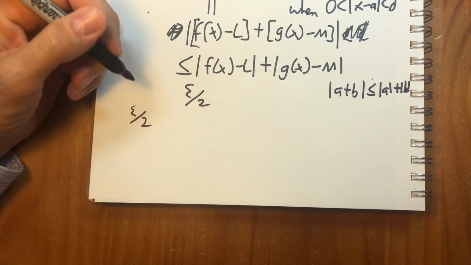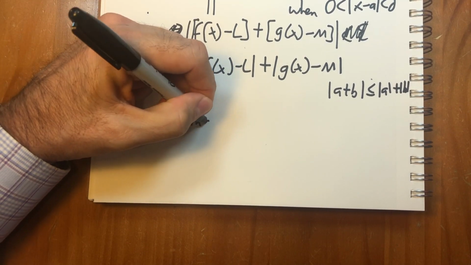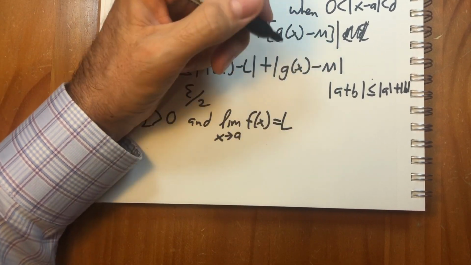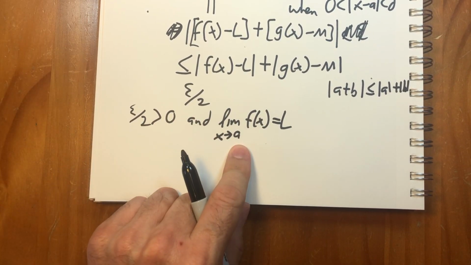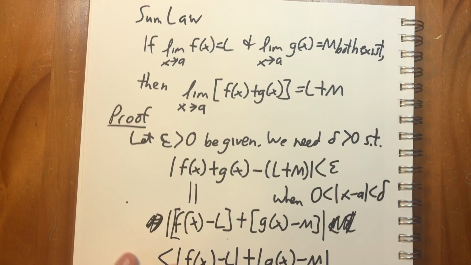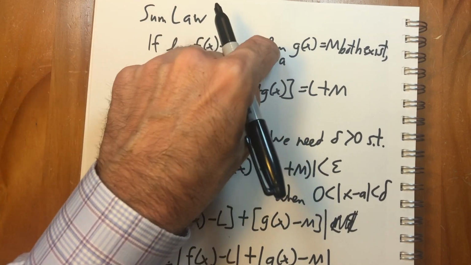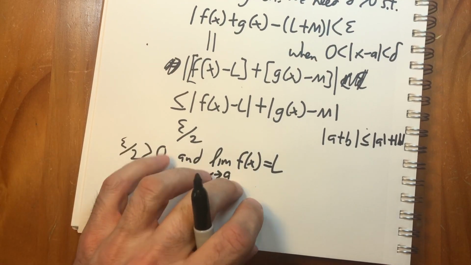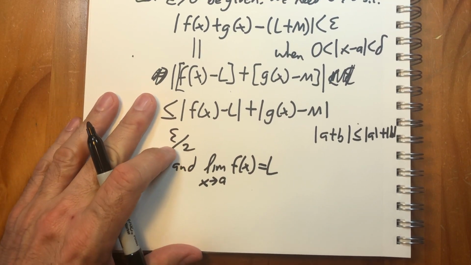So we have that epsilon over 2 is greater than 0, and the limit as x approaches a of f of x is L. We know that those two things are true because they were given, right? We're assuming that these both exist, and then what we're wondering is whether we can add them in some way. So we know that the limit of f of x equals L exists.